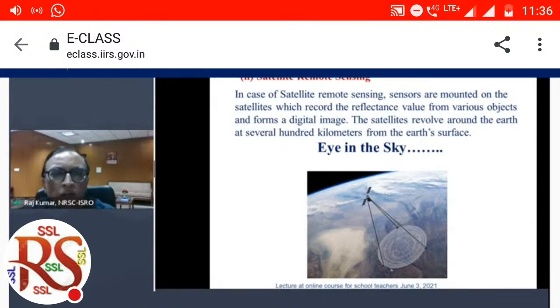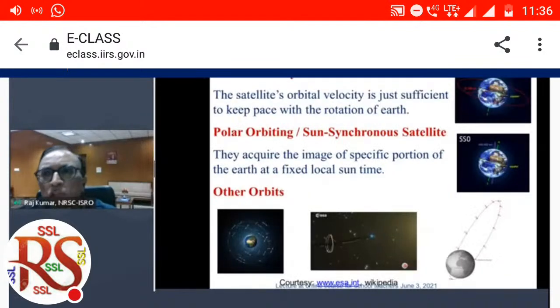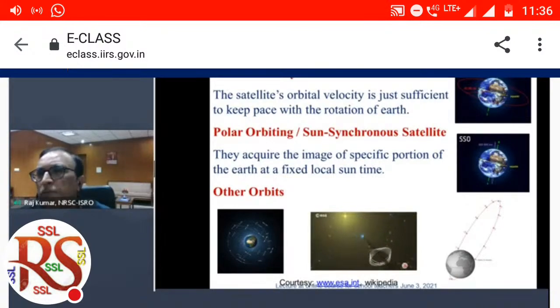There are basically two types of orbits we will be talking about. One is geostationary orbits. Geostationary means it is seeing the same place all the time. The orbit is around 36,000 kilometers.